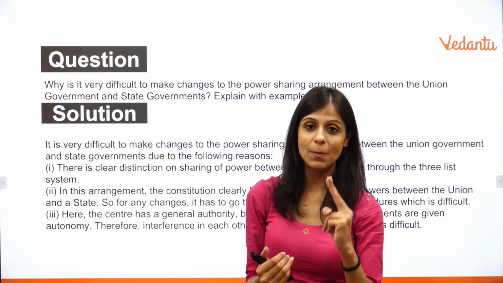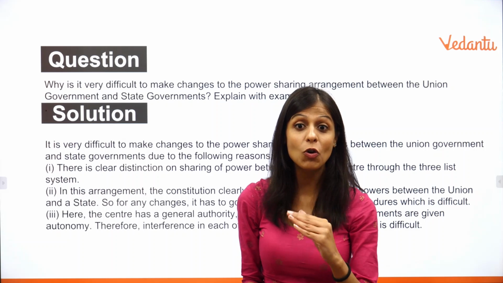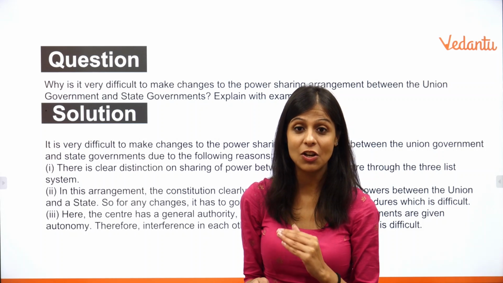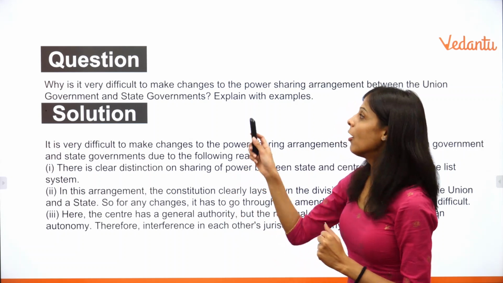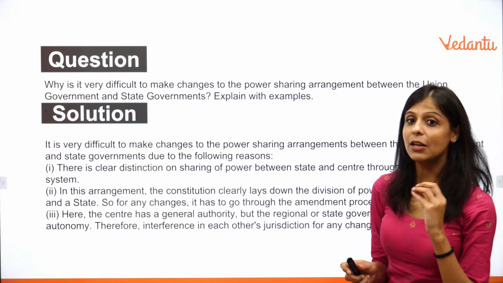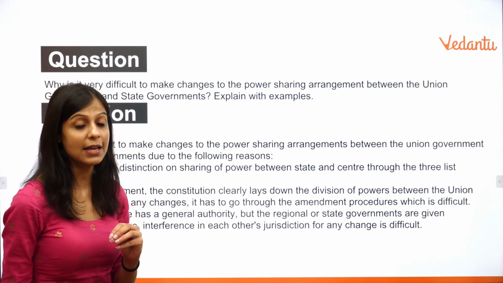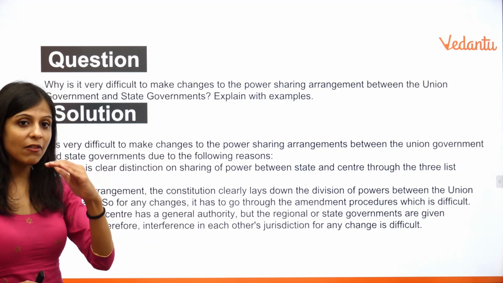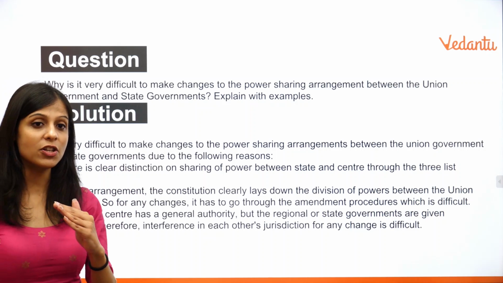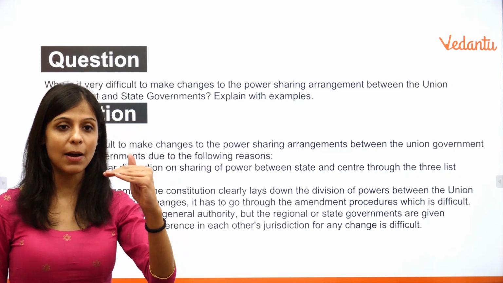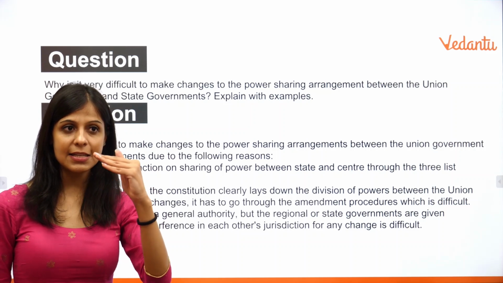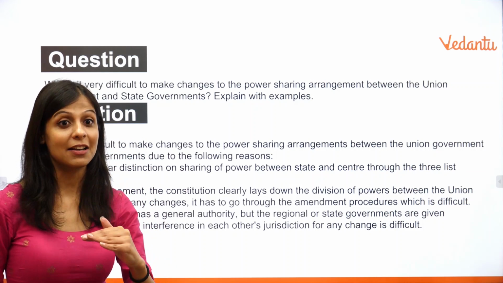So these are the two important points that you have to clearly mention in your example. Also, if they ask you to give examples, you can quote some examples from your state list and your central list. The powers have been divided into 3 lists. The very first is the union list, the second is the state list, and the third is the concurrent list.